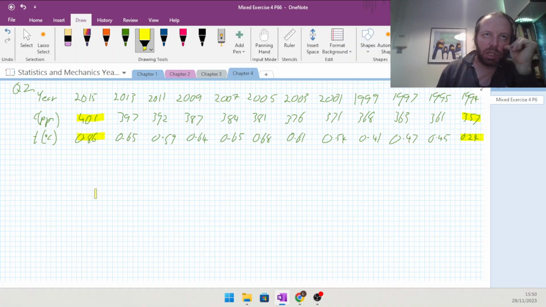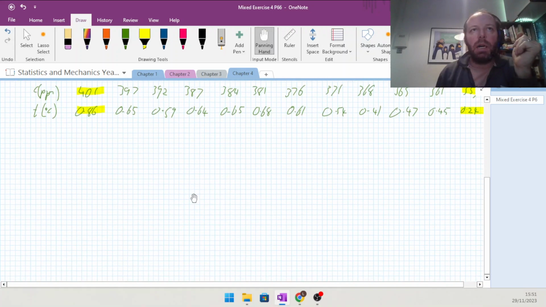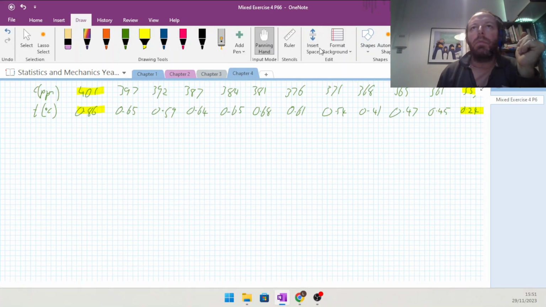Okay, so we need to go a little bit above 400, somewhere between 300 and 400 sort of thing, and then we can just almost do a 0 to 1 scale for the temperature. Okay, so let's come down here and make a bit of space.